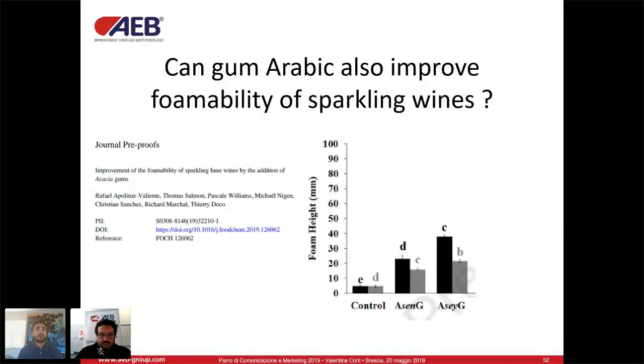However, it always depends on the starting wine. You always have to understand what your wine is rich in or is missing, and then you can target your addition. The results from these studies consider both short term and long term.